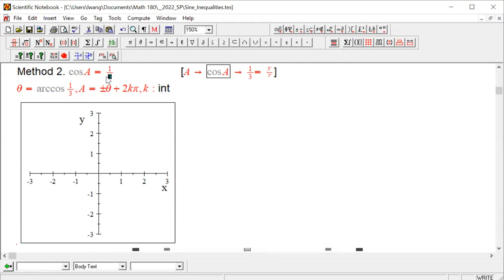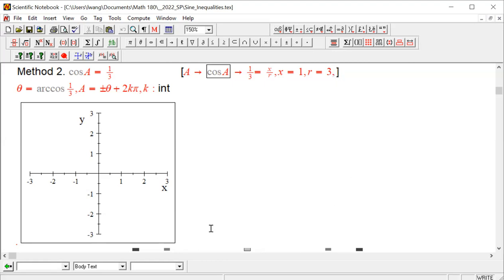The denominator: I see this as x over r. So x is 1, r is 3. If x is 1 and r is 3, we can find the other one.